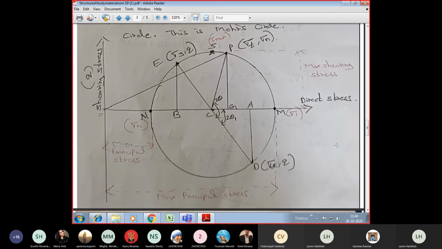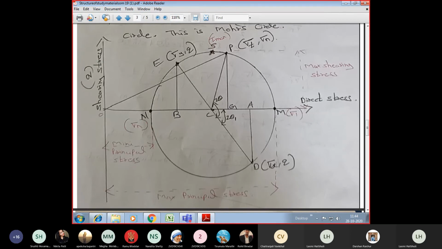After drawing the circle, you have taken the perpendicular DA and perpendicular EB, right? So now after that, after taking an angle 2 theta from CD, suppose usually the theta will be given to you, at what angle the inclination of your inclined line goes. So 2 theta will be given to you.